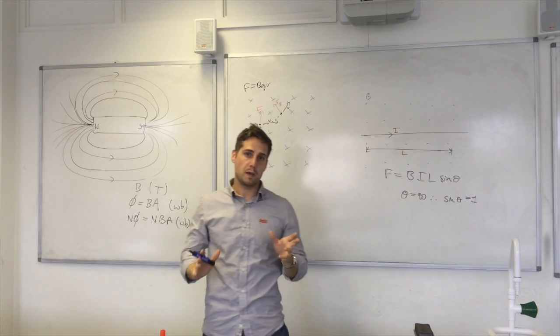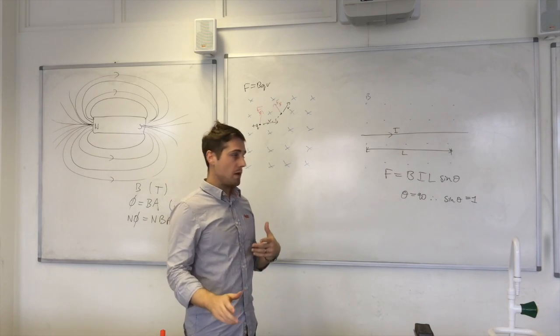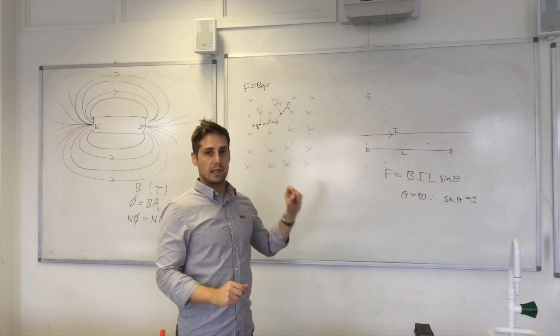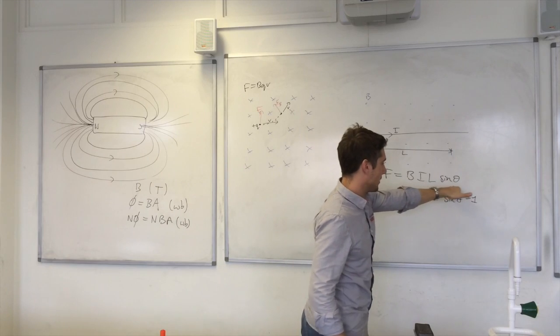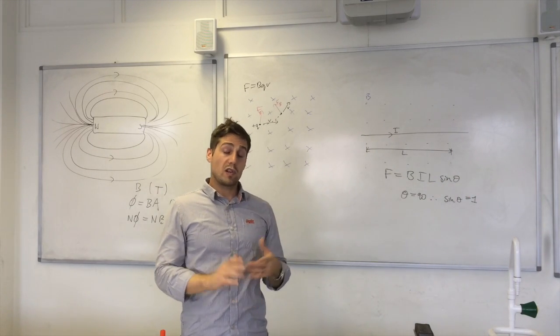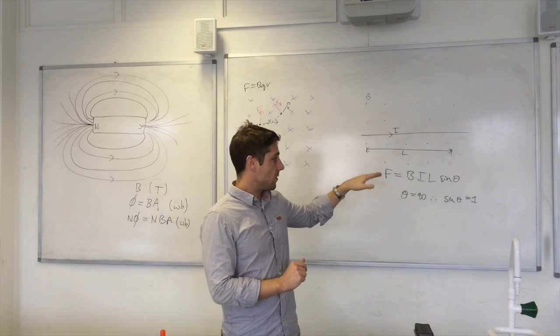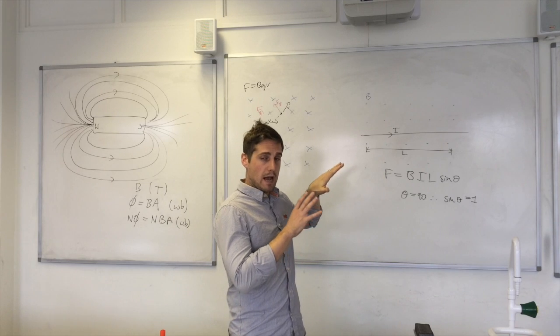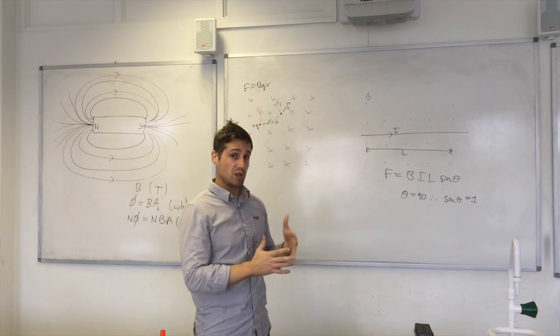So the force would just be B times I times L. If you have an angle which is less than 90, then you'll need to just appreciate you've got the sine theta there. You also need to make sure that how you look at theta is the right way around, because you need to have the components which are perpendicular to each other.